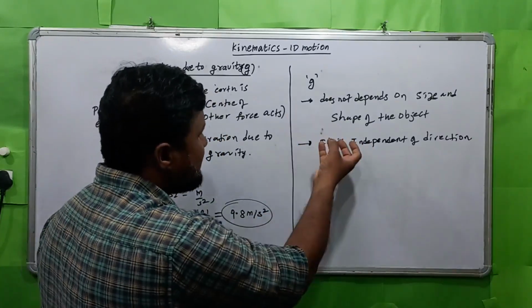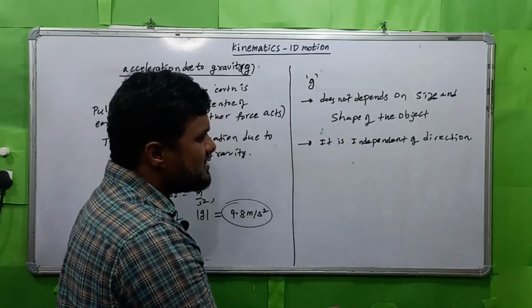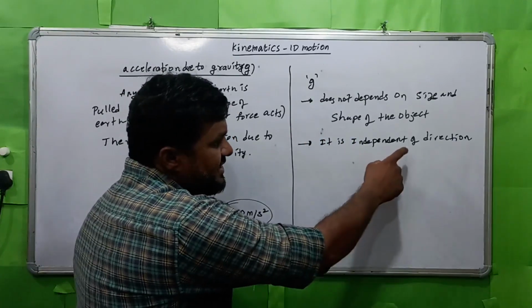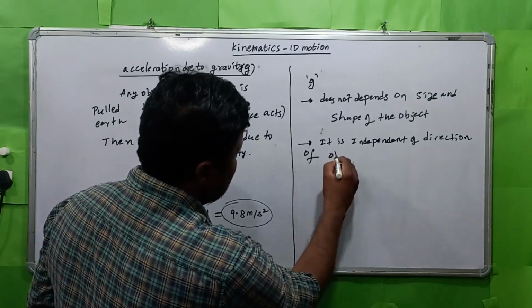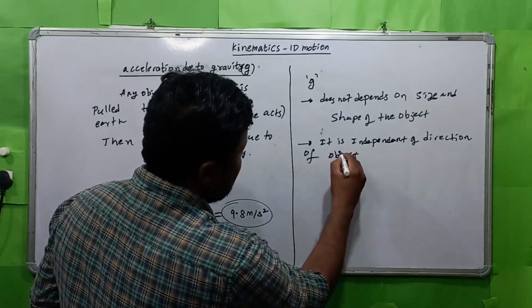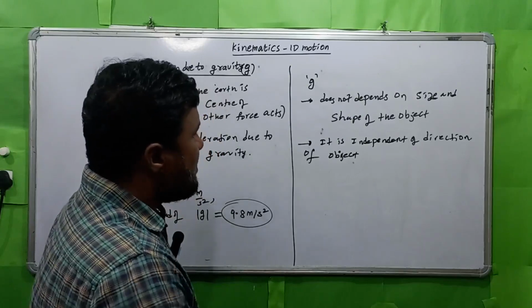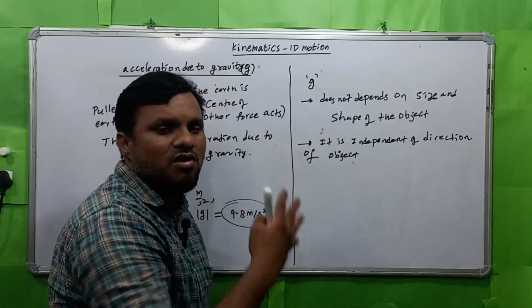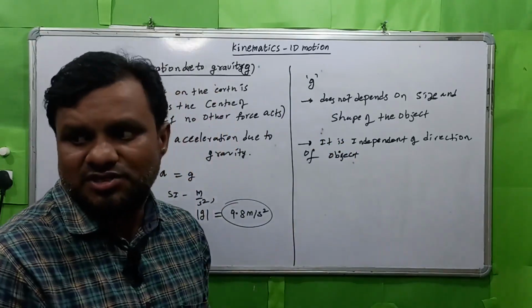So g pulls the bodies towards the center only. Understand? It means g always acts vertically downward. Whatever the direction of the objects, the g value remains the same on the objects. Understand? This is about acceleration due to gravity.